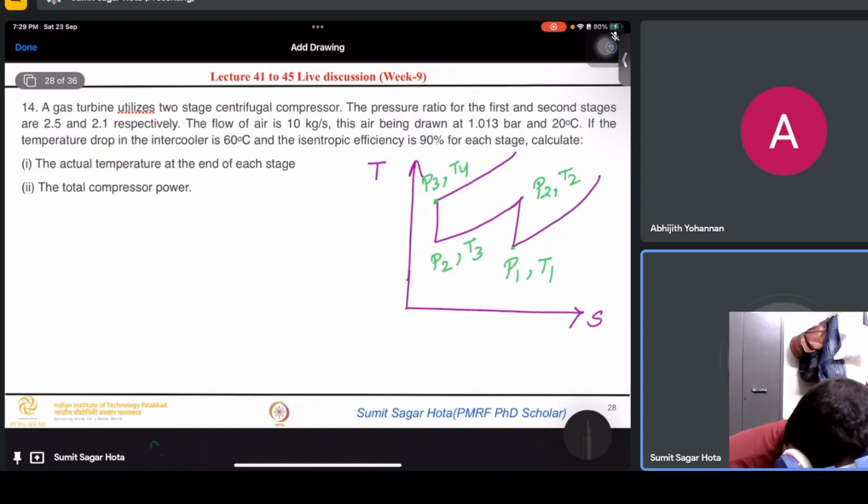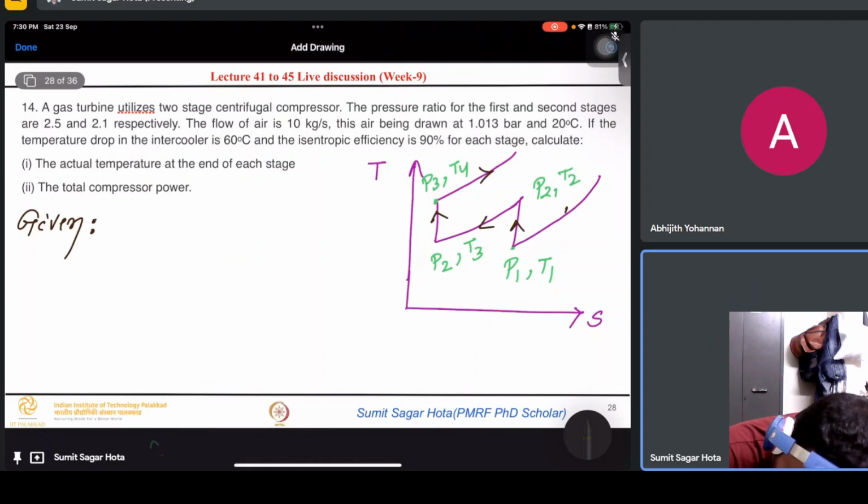So what are the things given? First of all, we write down, and always remember the direction of the cycle. M dot is equal to 10 kg per second.